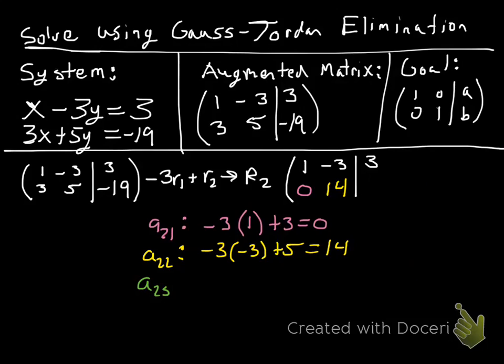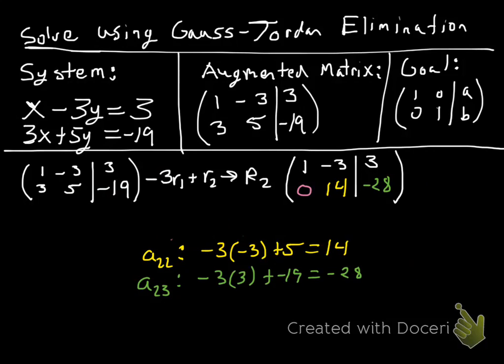And then we'll do the game one more time. We'll do -3 times the -3, and then we'll add that to -19, and we'll get -28. Alright, so I have gotten this much of my goal accomplished.